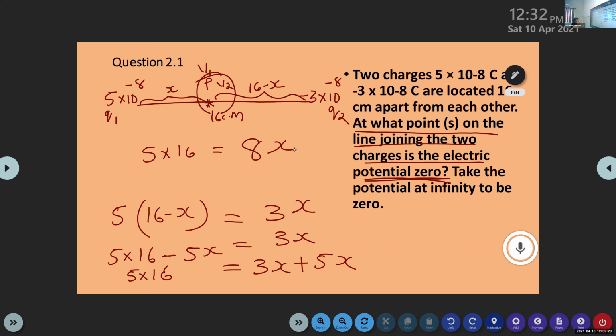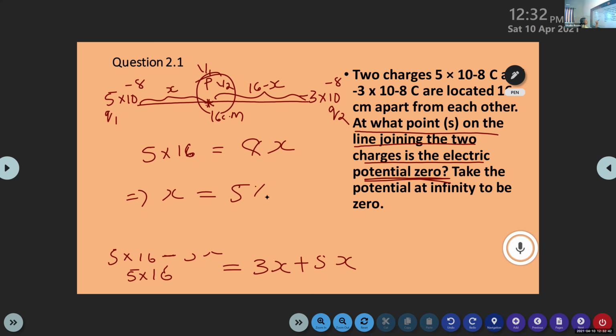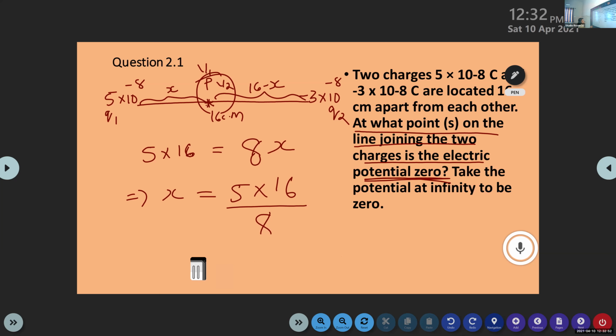Then what is x? 5 into 16 is equal to 8x, which implies x equals 5 into 16 divided by 8. We want to calculate x. So 16 and 8 cancel by 2. So x equals 5 into 2 equals 10 centimeter.